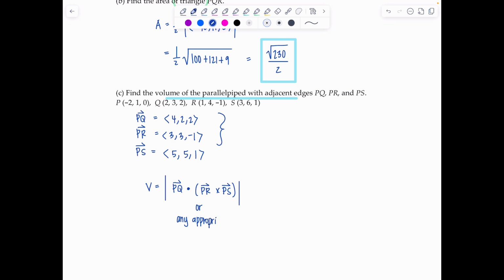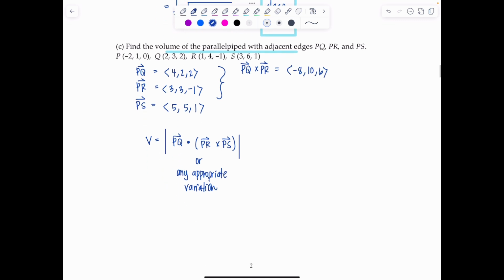So actually, I didn't do this one. I crossed PQ and PR. So PQ crossed with PR is going to give you negative 8, 10, 6. So then I'm going to need to dot those with PS.